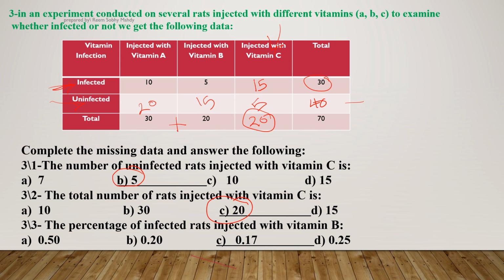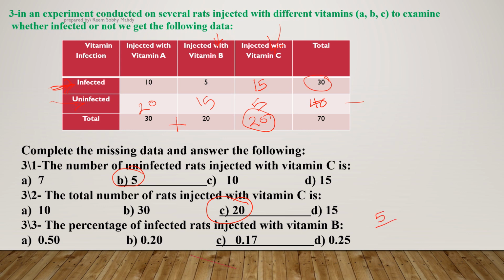Question 3. The percentage of infected rats and injected with vitamin B. So this is the infected rats and this is the vitamin B, so the intersection between the infected and injected with vitamin B is 5.